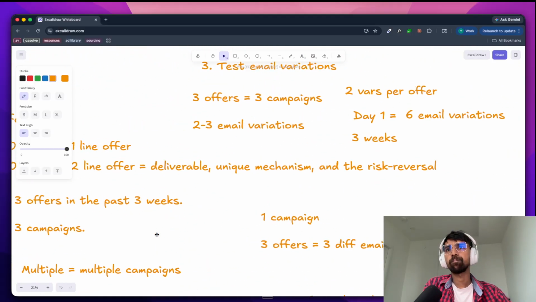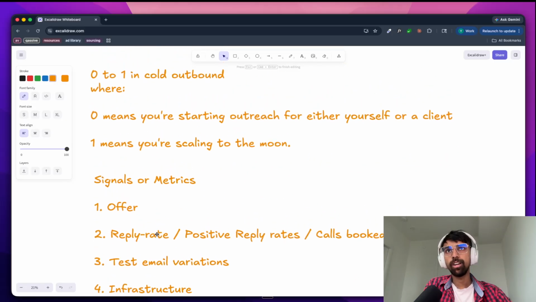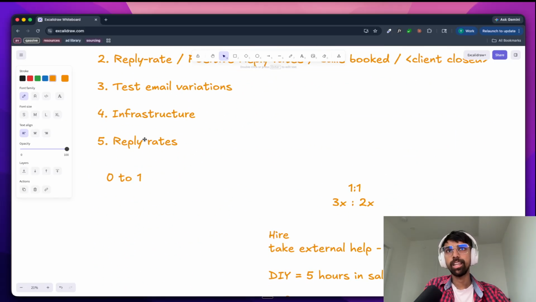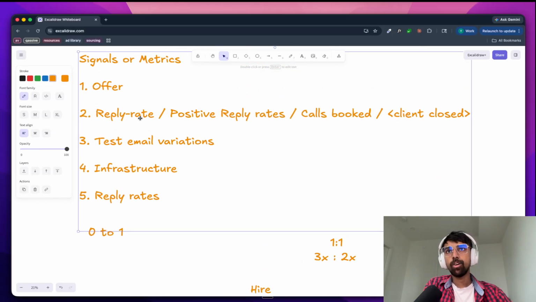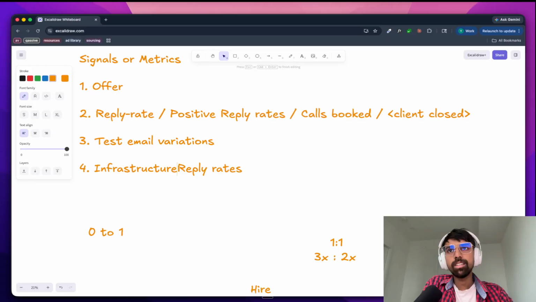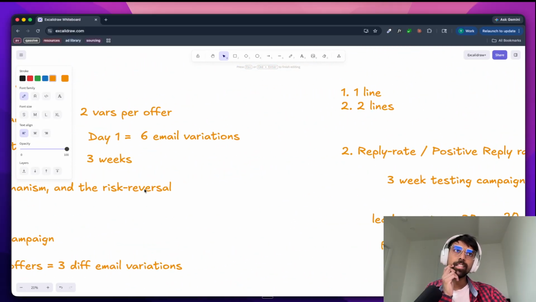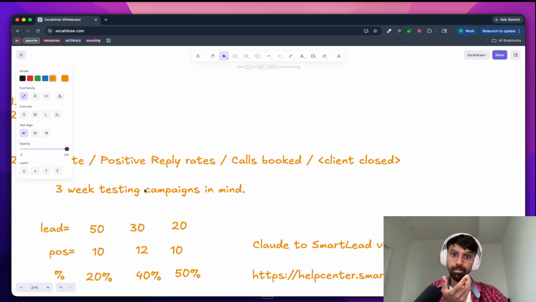And the final thing that we should track, if we go back to our 0 to 1 outbound again, I've already discussed offer, reply rate, test email, and infrastructure. I think reply rates come under infrastructure as well, so I can make this a single point. Essentially, infrastructure is the way you handle more volume, right?